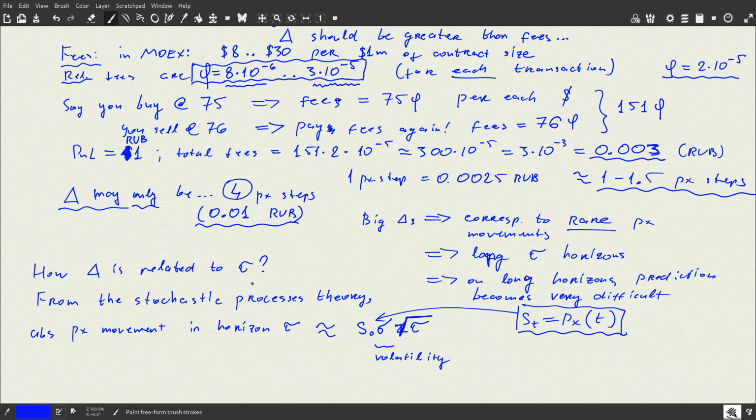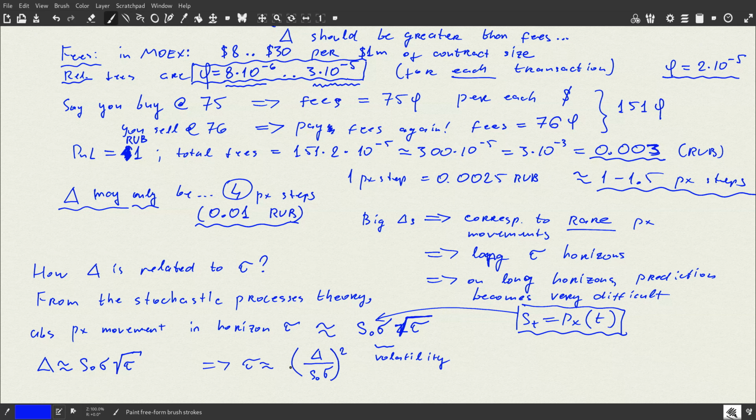So then if we really want to realize the profit related to the profit threshold of delta, we should say that delta itself would be approximately equal to, with an up movement or a down movement, S_0 sigma square root of tau, which in turn means that tau should be approximately equal to delta divided by S_0 times sigma, squared.